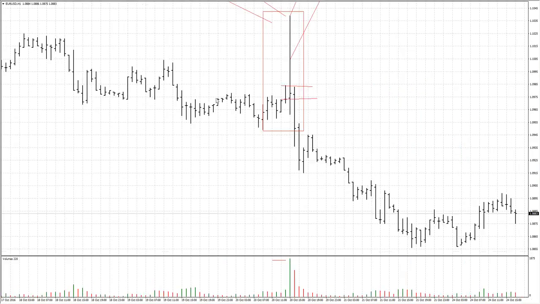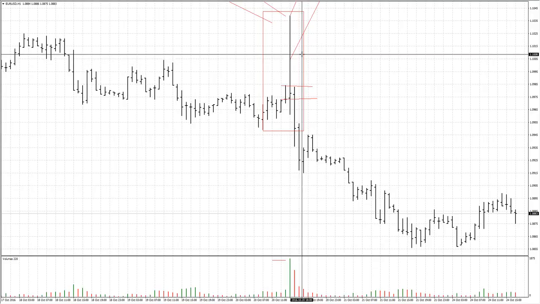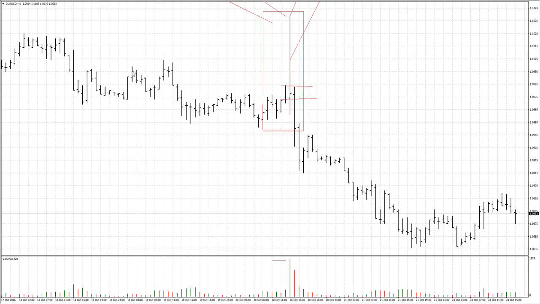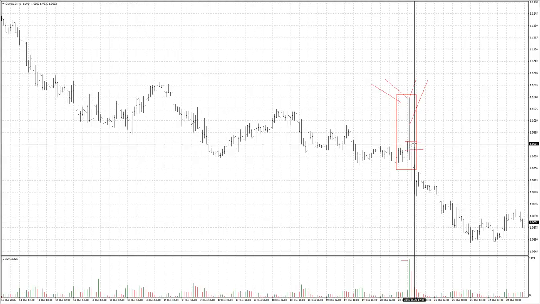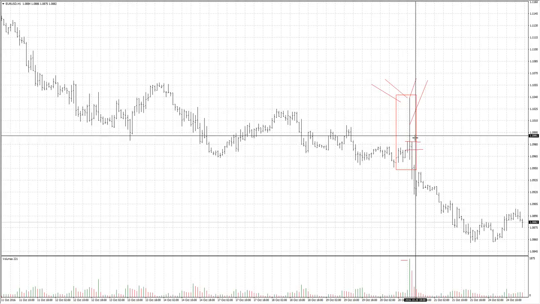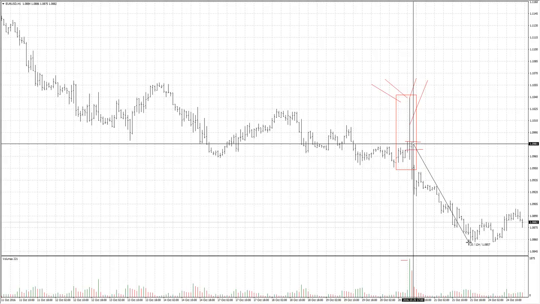And with good proper risk control, you can trigger this one and benefit from this move.